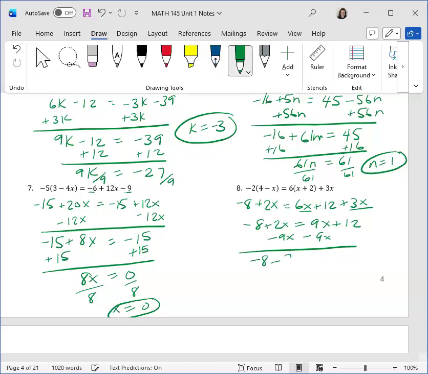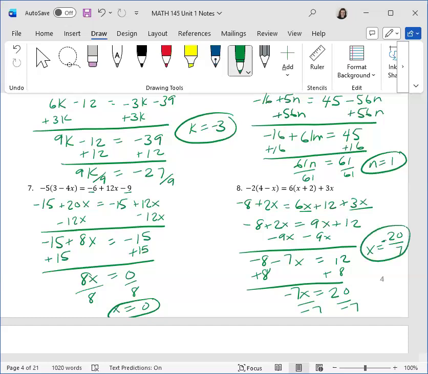So negative 8 minus 7x is equal to 12. Adding 8 to both sides of that equation, we get negative 7x is equal to 20. And dividing both sides by negative 7, I'm left with x equals 20 over negative 7, or negative 2 6/7 as a fraction, improper fraction.